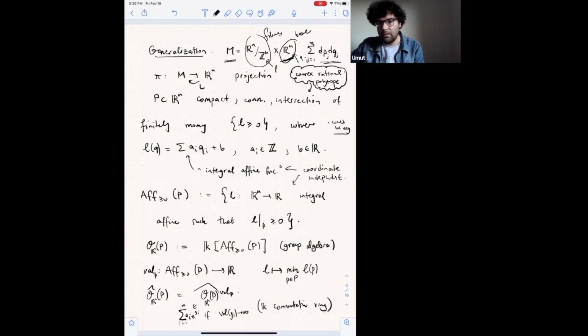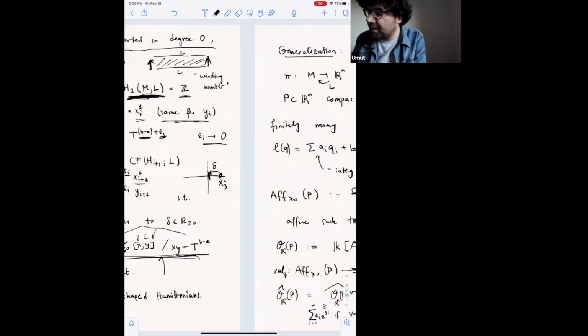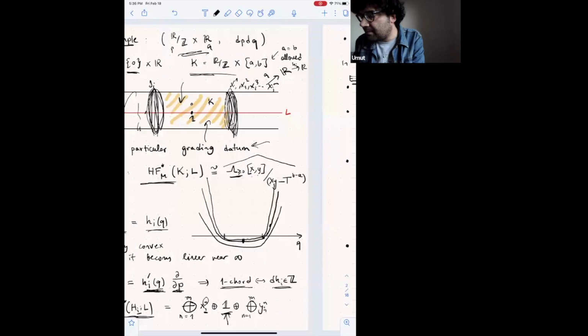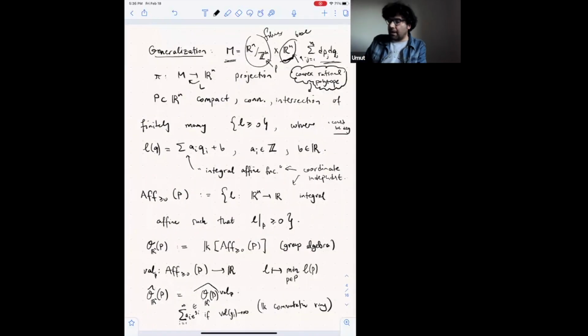Okay, so it's a product of the previous case that I described here. It's just this case, but you take the product with itself as many times as you want. Okay, now this has a Lagrangian torus fibration with base Rn.